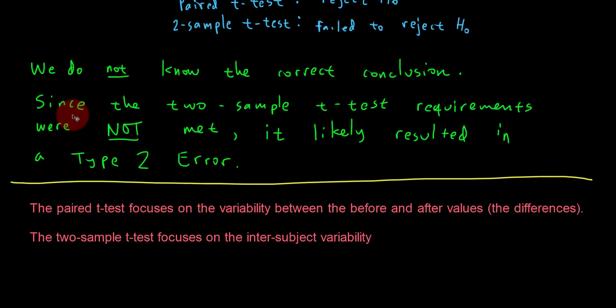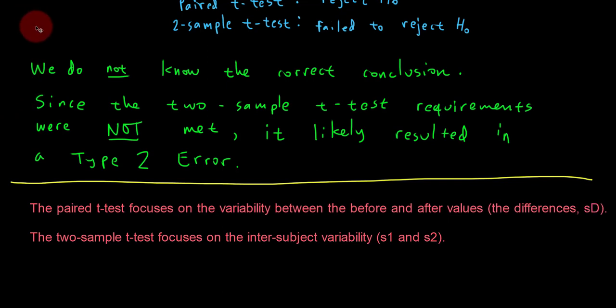It does so by looking at their standard deviations. The standard deviations from the first and second sample show you how the values varied from subject to subject. Whereas in the paired t-test, we look at the variability in the differences, which is why we have the standard deviation of the differences, SD.